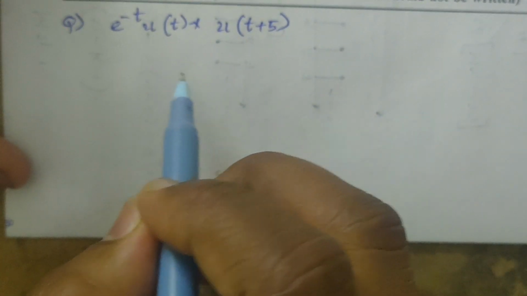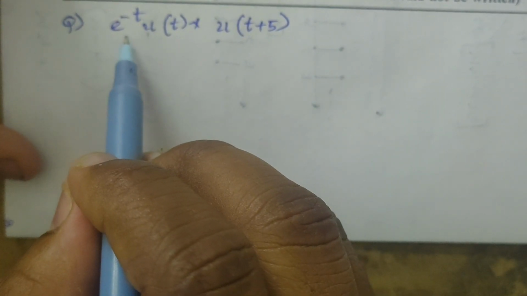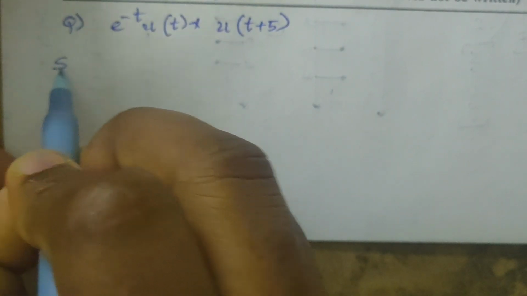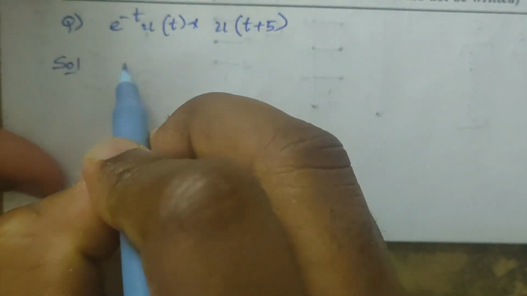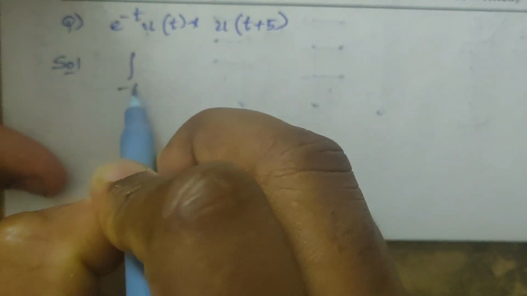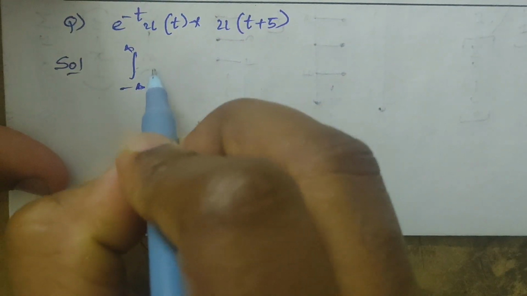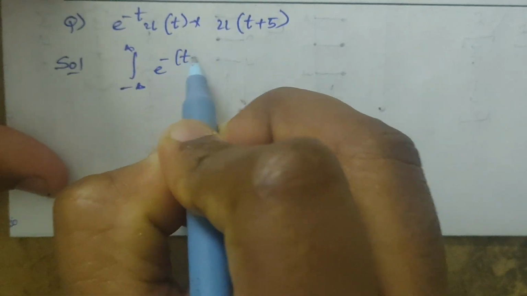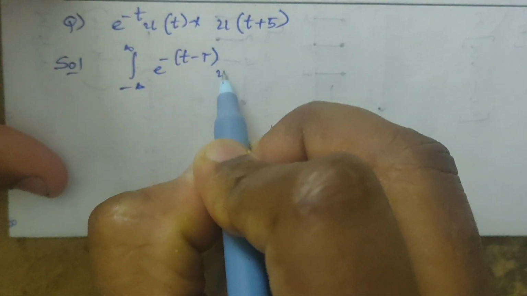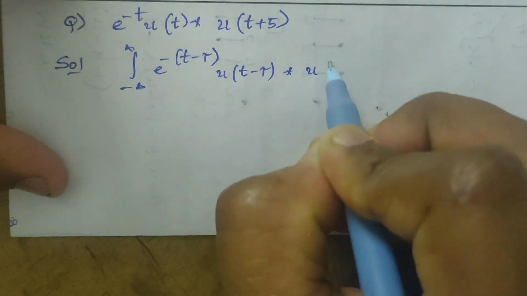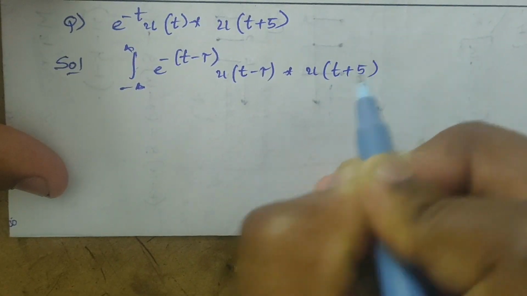In this question, he is saying to find e power minus t into u of t convolution of u of t plus 5. We can write this as integration of minus infinity to infinity e power minus (t minus tau) u of t minus tau convolved with u of t plus 5.